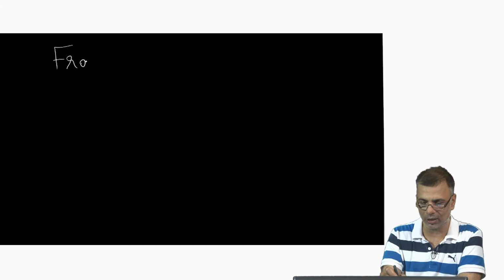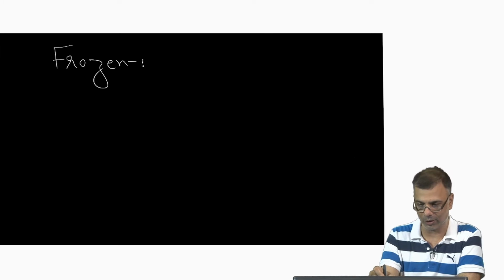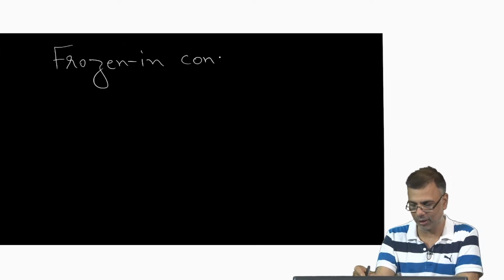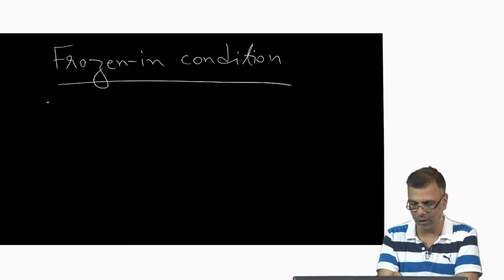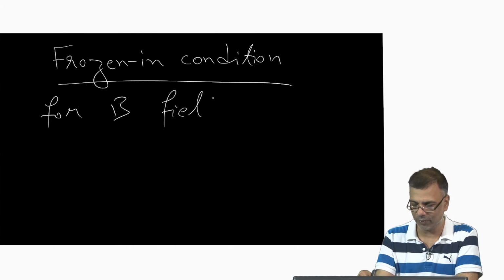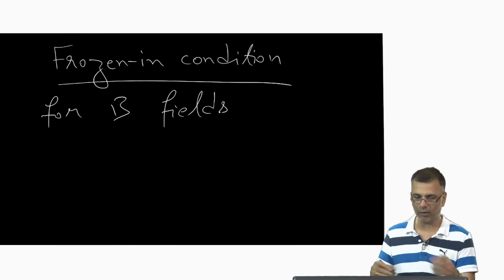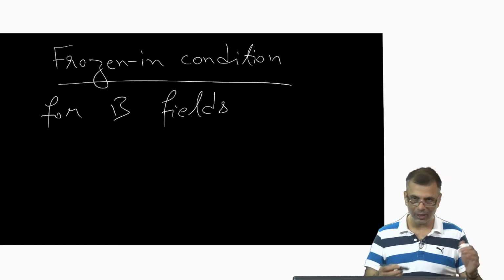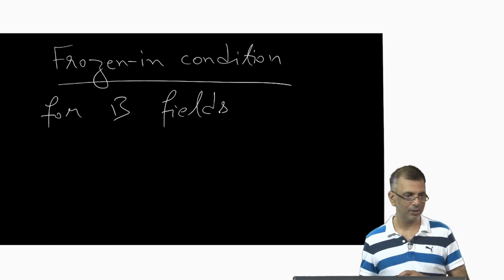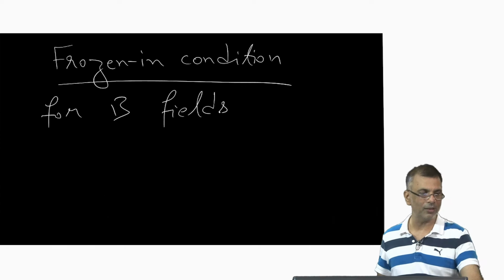Now, the main thing to remember is the frozen in condition for B fields, which we discussed at length a little while ago. In other words, whatever the velocity field does, the B field obeys.